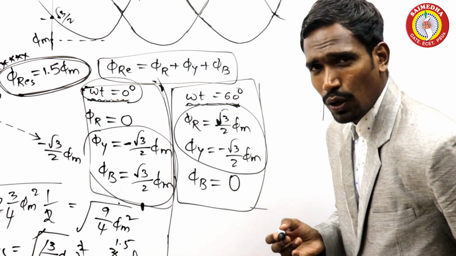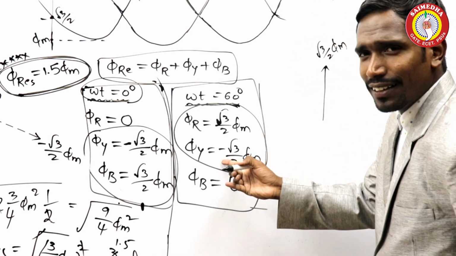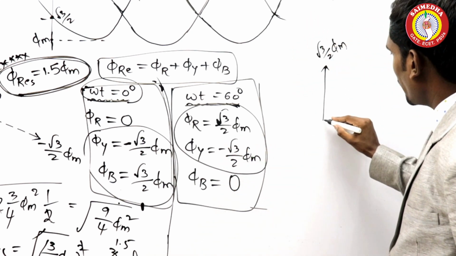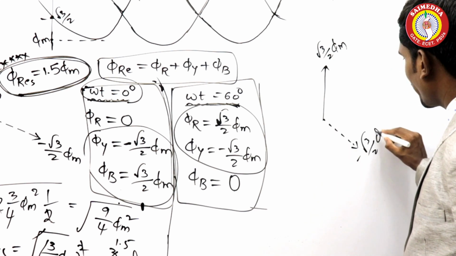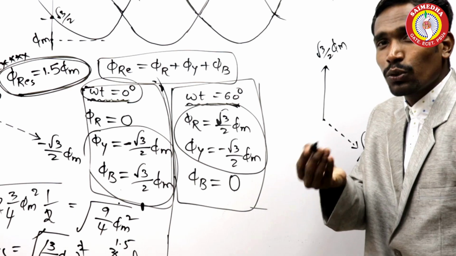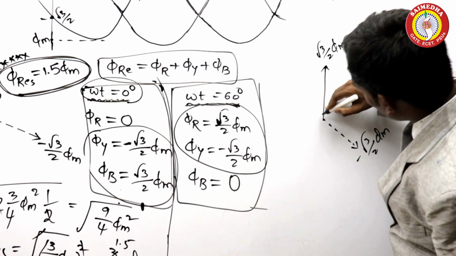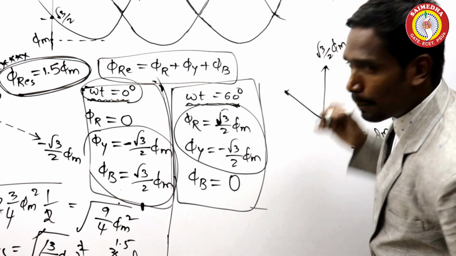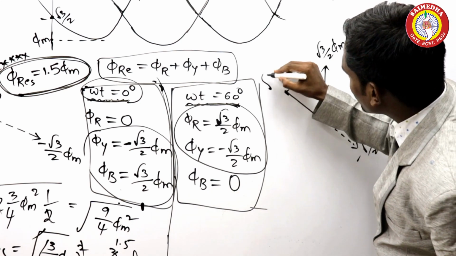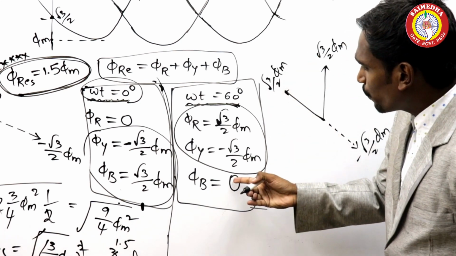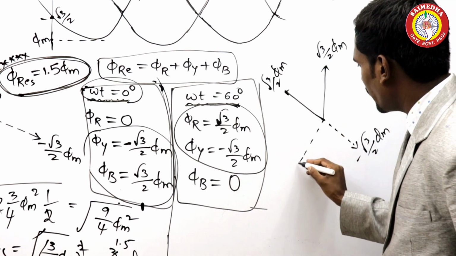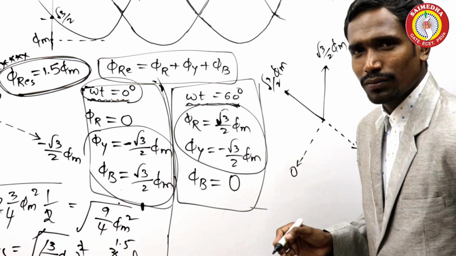Okay. What is phi y? At omega t equal to 60, phi y is minus root 3/2 phi m. If taken in the 180 degrees opposite direction, its value is plus root 3/2 phi m. What about phi b? My phi b is 0.